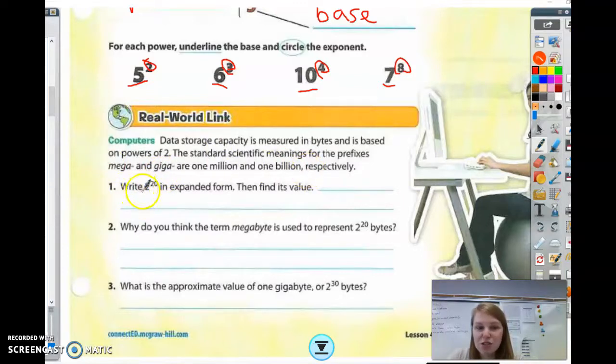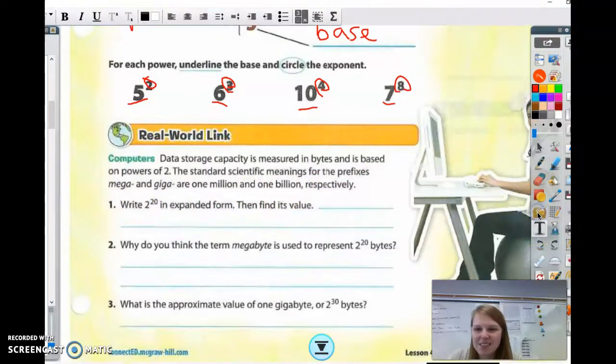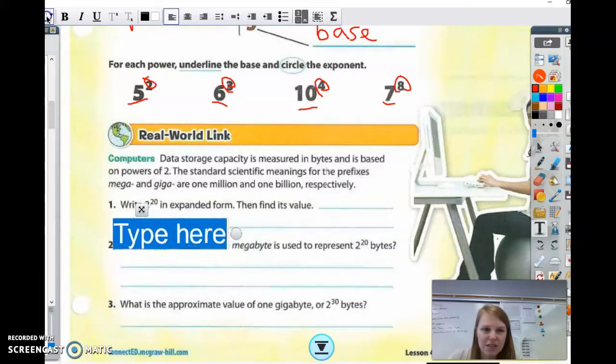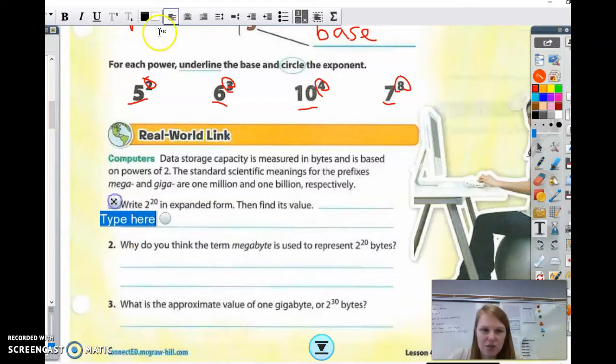So this is saying write 2 to the 20th in expanded form, then find its value. Okay, well, let's go for it. So I'm going to type it. Let's reduce the size of this. Can you still see that? I hope you can see that. Okay, so I'm going to change this to red, and let's go.